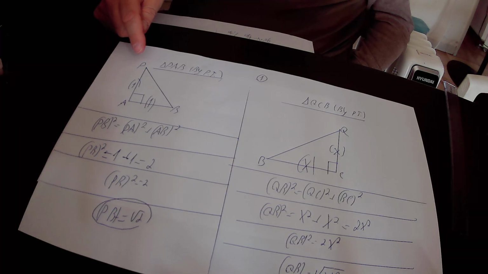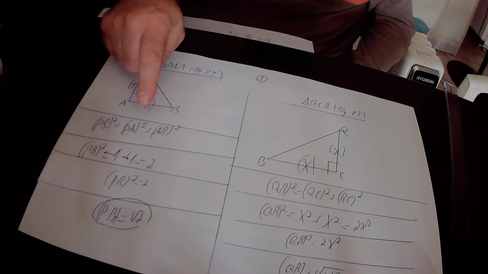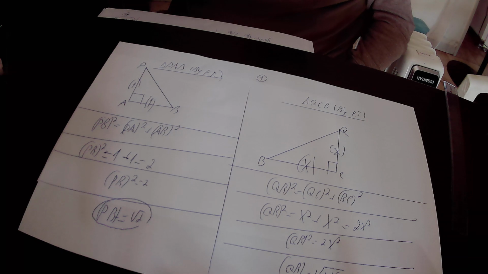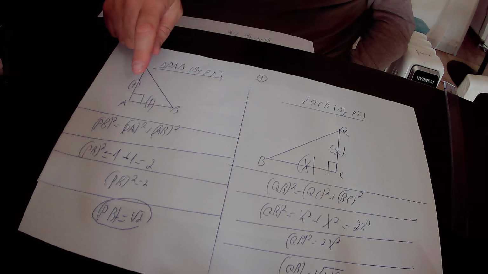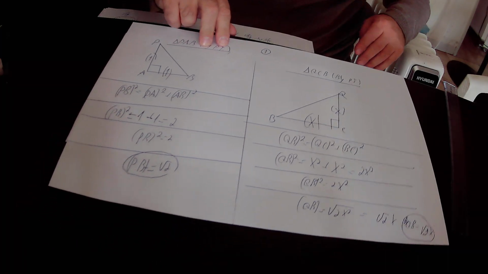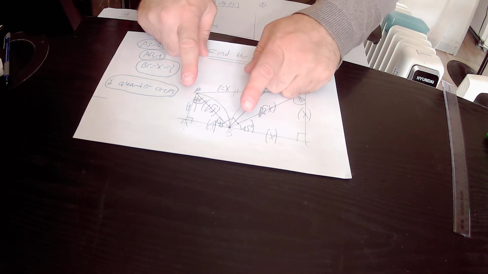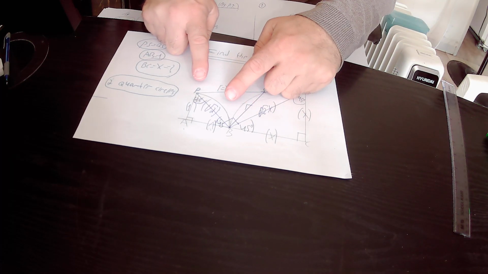PA is 1, therefore PA squared is 1, plus AB squared. AB is 1, therefore AB squared is 1, so in total PB squared equals 1 plus 1, that is 2. So PB squared equals 2, we took the root of this equation and finally found out that PB equals the square root of 2. Here, the length of the hypotenuse PB of the right triangle PAB is equal to square root of 2 units.